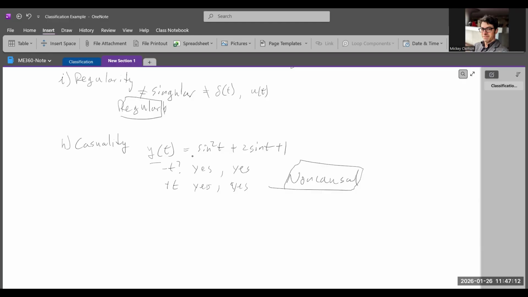Support. What is the support of this function? So what values of t is y non-zero? And we have three terms.